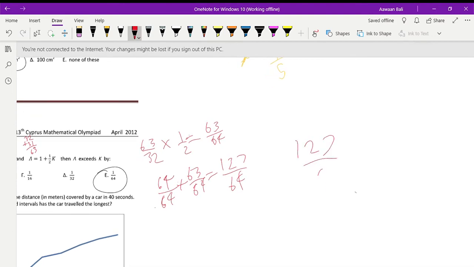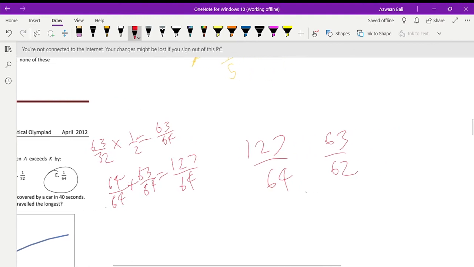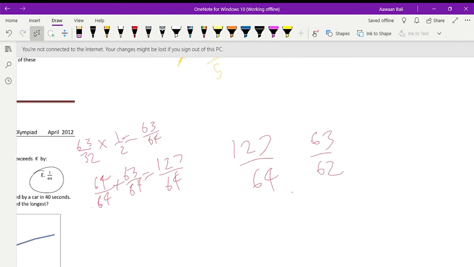So when you compare this with this, you would basically have to find the difference between them. So you would multiply this by 2.